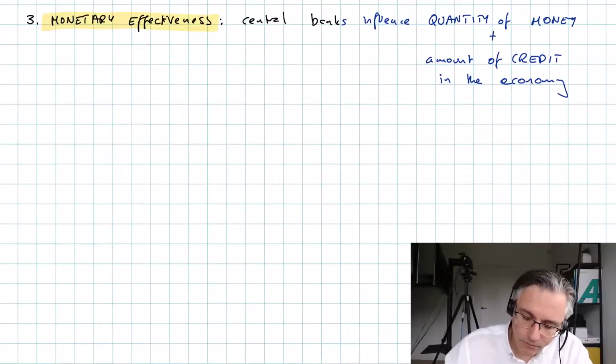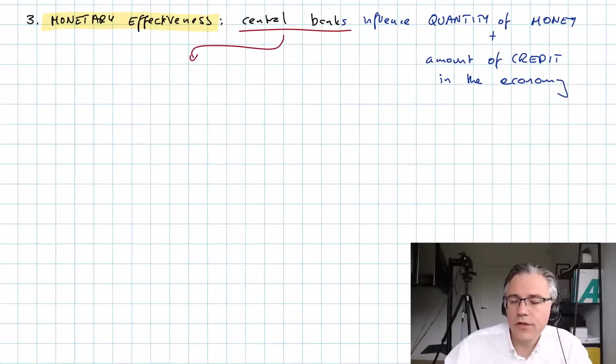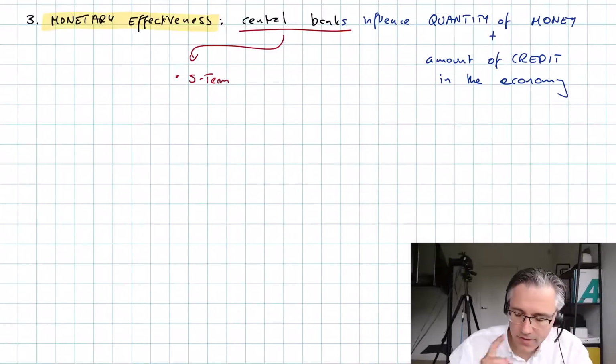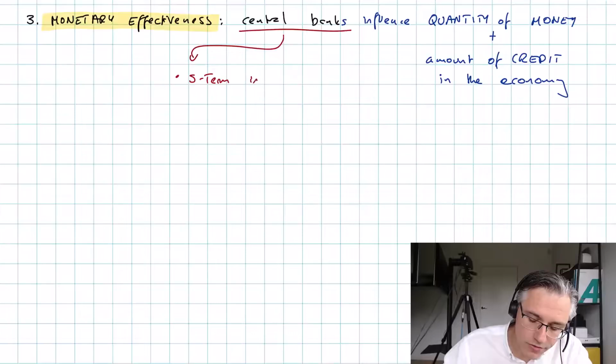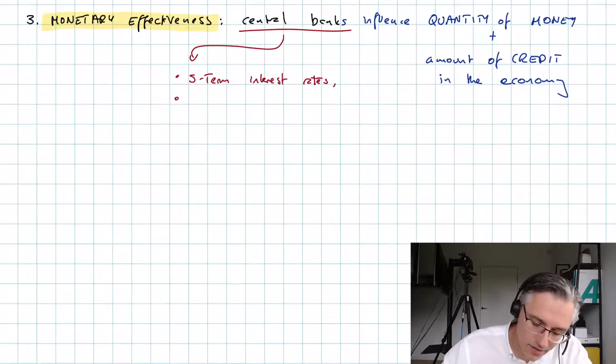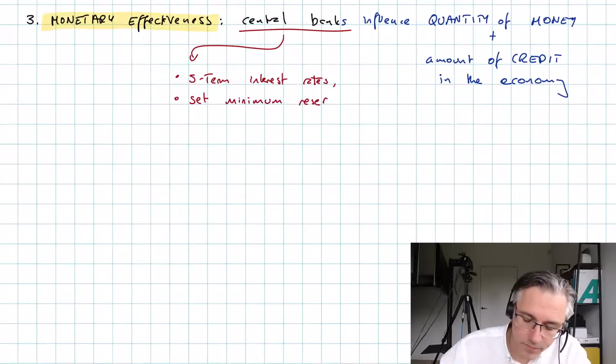Now, the tools which central banks use are things like short-term interest rates. They set short-term interest rates in the economy. They also set the minimum reserve requirements, which are forced on banks. This is how much money they, as a minimum, have to keep at the central bank.